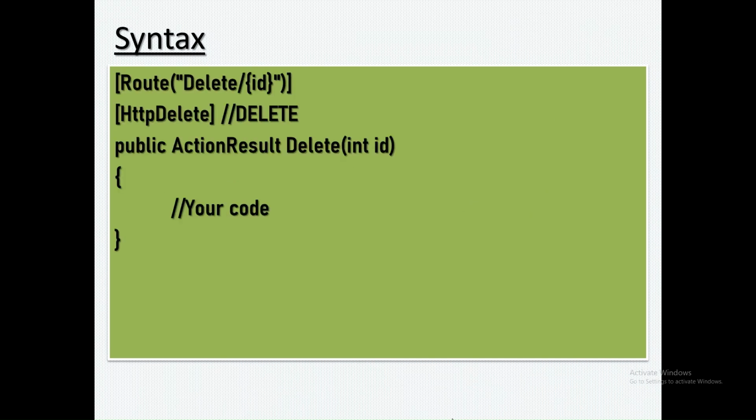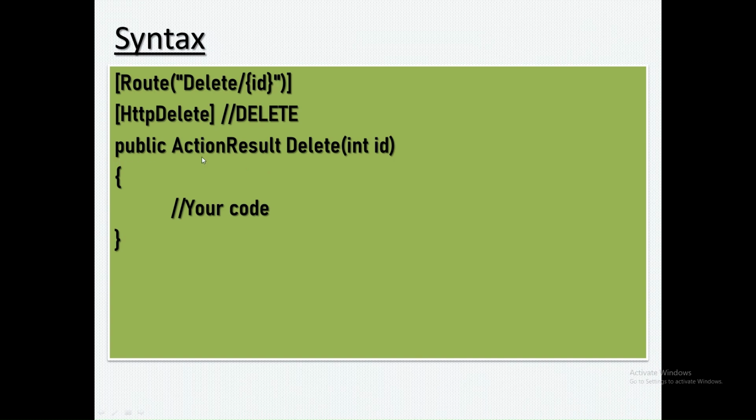Now, what's the syntax? This is the controller action that you have to mention, the route, and that's the action name, a forward slash with the ID, and http delete is the action tag. This delete is not required; that's copied from there.